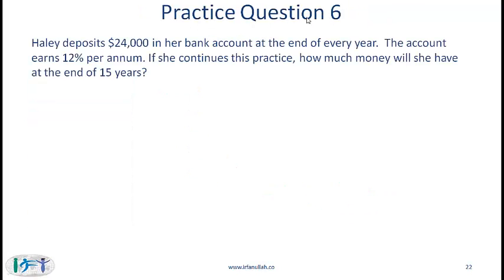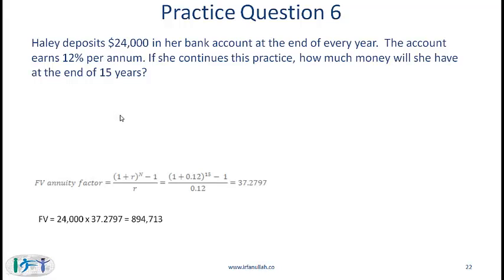Now I want you to work through practice question 6. Either you can use the formula and get this answer, or what you can also do, and the recommended method, is to use the calculator. So let's look at what we will plug in the calculator. Notice that she is depositing 24,000 a year for 15 years. So n is equal to 15.